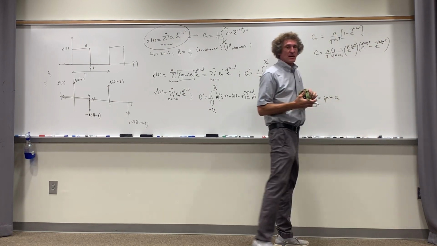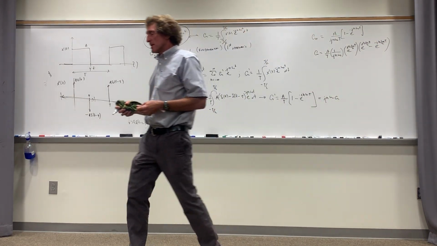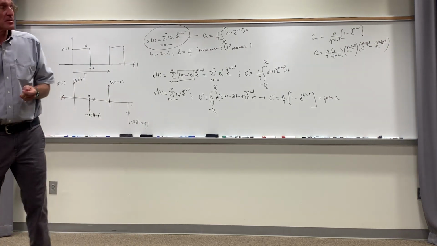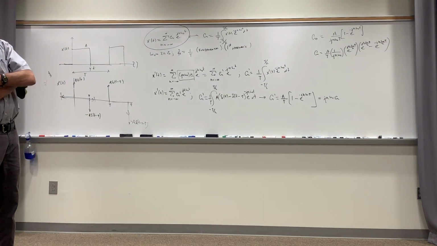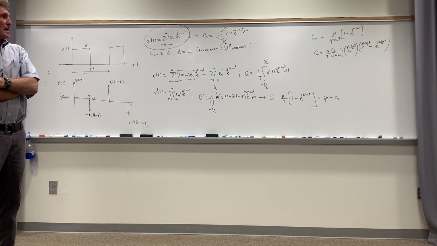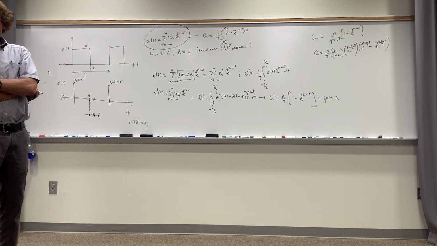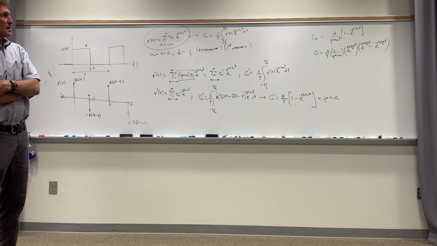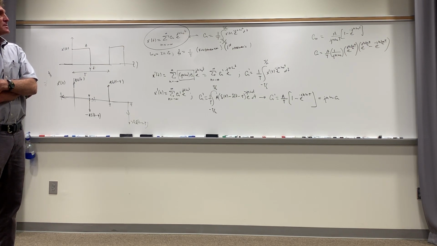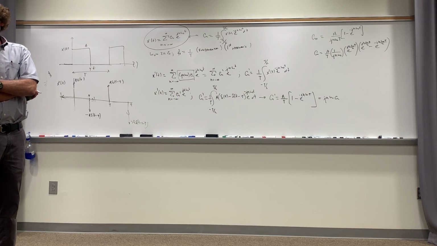Do y'all follow me what I've done here? I factored out that e to the minus j n omega naught T over 2, and I'm left with that. Instead of having 1 minus e to the minus j n omega naught T, I have e to the plus j n omega naught T over 2 minus e to the minus j n omega naught T over 2. And why did I do that?